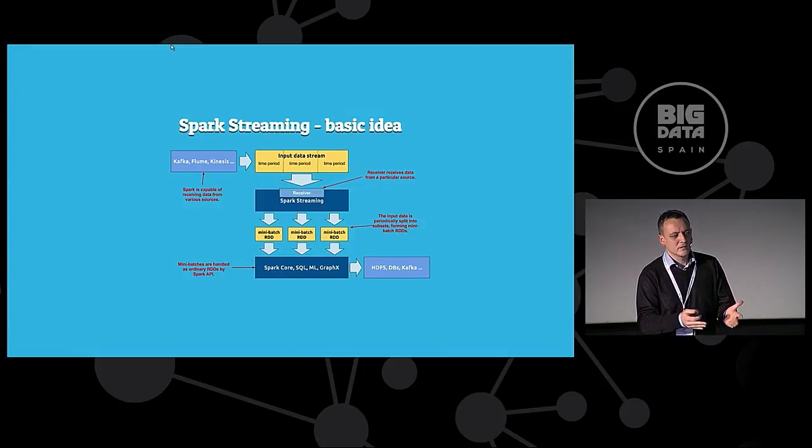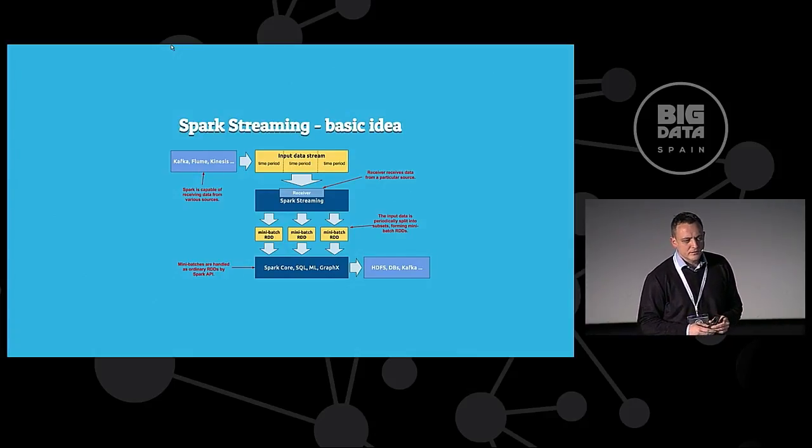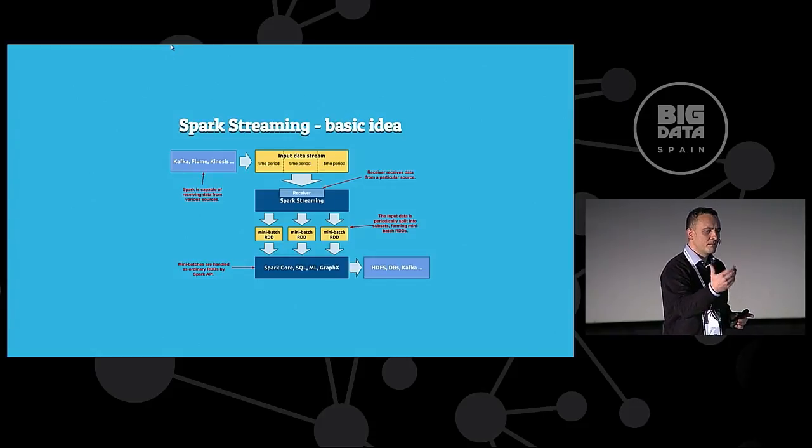So Spark splits input streams into timed mini batches. In each of those mini batches, a different RDD is produced, or DStream, which is a distributed stream. So you work with, I'm going to show you code later, those DStreams. You write the program once, and it's executed in every mini batch.